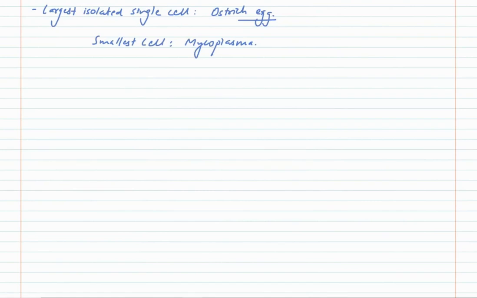Although viruses are smaller than mycoplasma, since viruses are not considered to be living things and are considered acellular, the smallest cell is that of a mycoplasma. The longest cell is a neuron or nerve cell.